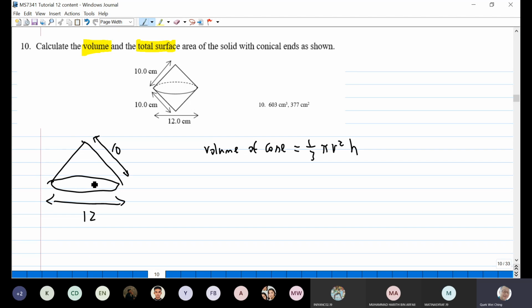R is equal to 6 now because this is 12 here. So this is 6 here, and then this height here. Okay. We're given this information. You know that the given is 10, r is equal to 6 here.